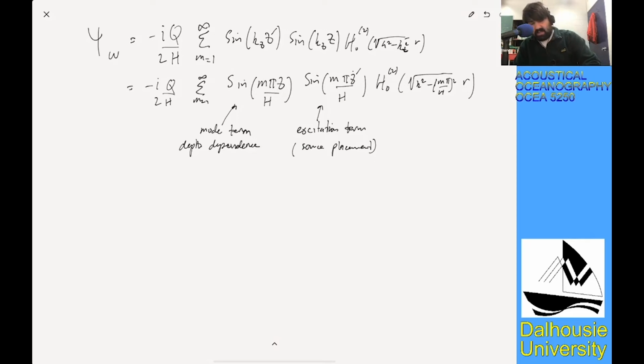And then what's this term in r? Well, this is the cylindrical spreading term, right? It's our only term that describes changes in range. And we need to take a closer look at it, right? So maybe when you were looking up what the Hankel function was in your book or in Wikipedia or in Wolfram Alpha, you might have also looked up the asymptotic.